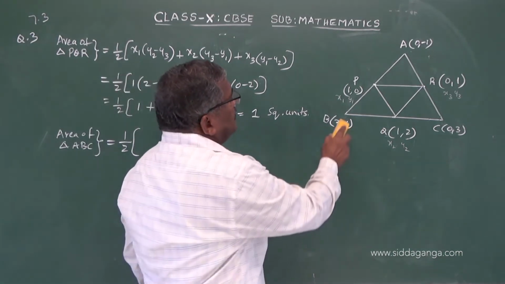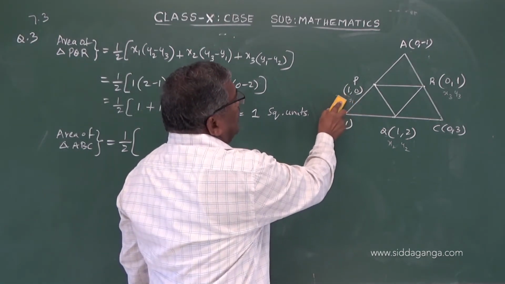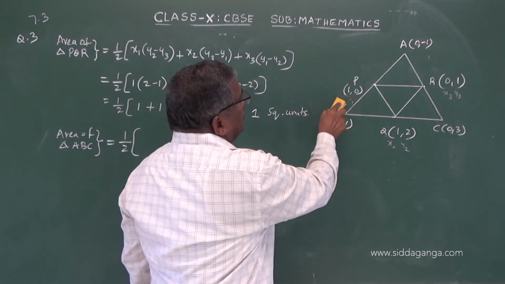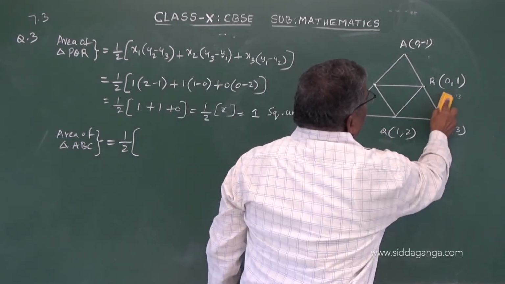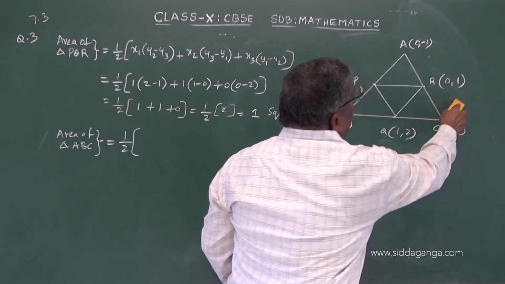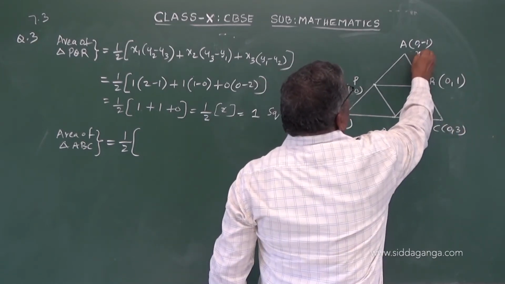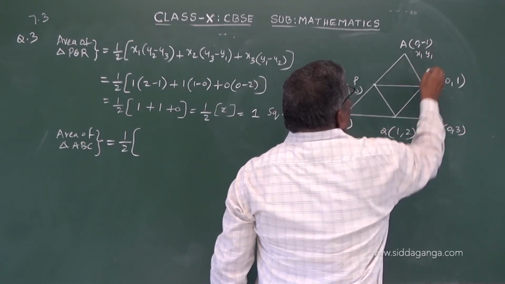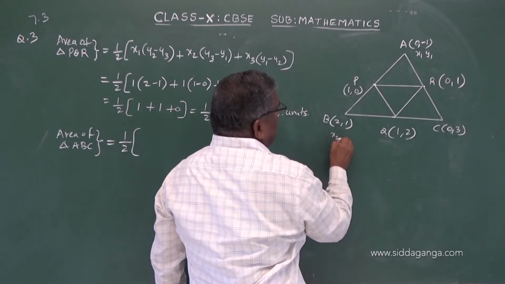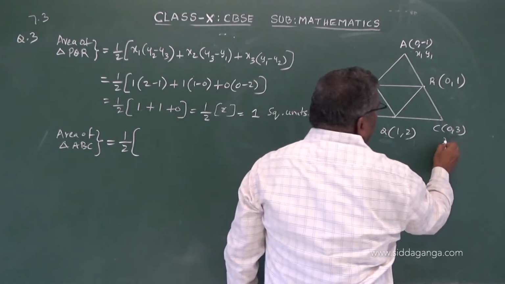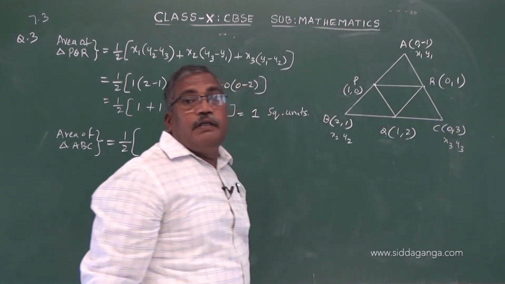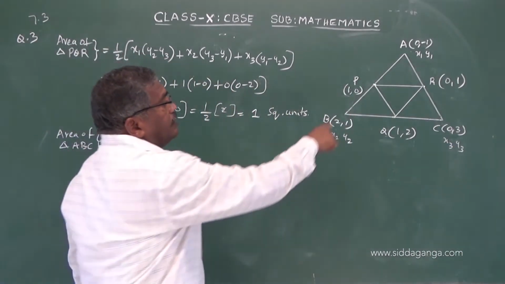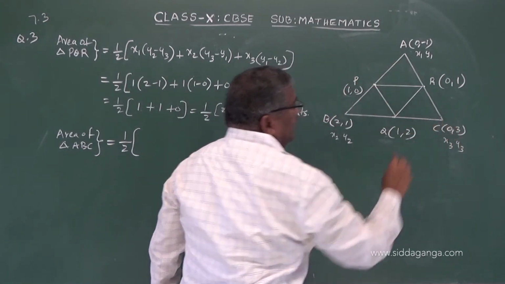Remember, in this case again, x1, x2, x3, do not get confused: this is x1, y1, this becomes x2, y2, this becomes x3, y3. So now you have to take these coordinates, ABC area.